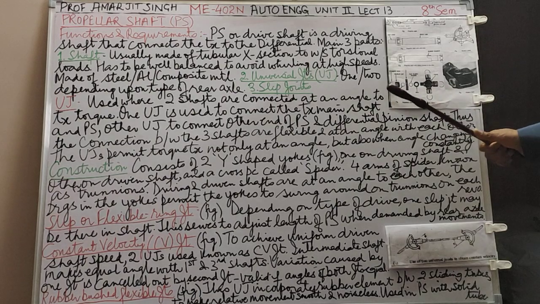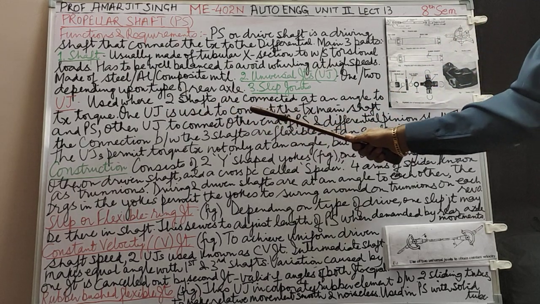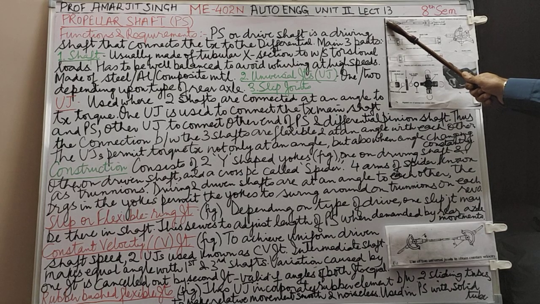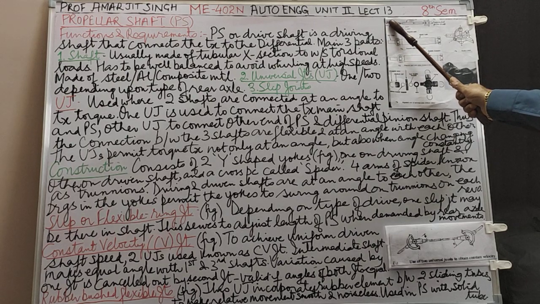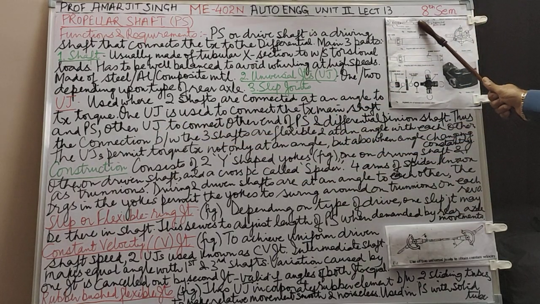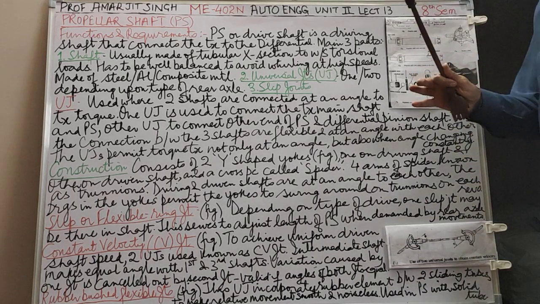But it's never that case. One universal joint is used to connect the transmission main shaft, the gearbox output shaft, and the propeller shaft. And the other one is used to connect the propeller shaft to the differential pinion shaft. The pinion shaft is the shaft which is going into the differential, that big gola which you see behind trucks, that is the differential.